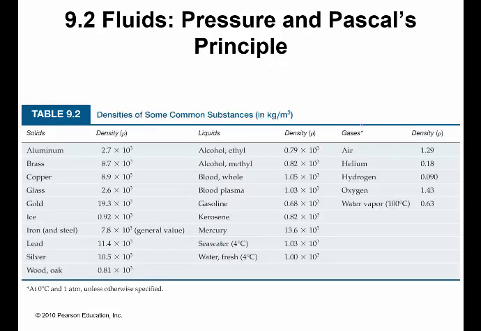And so, of course, we have another table, and this table is for fluids. Here we have all different kinds of densities. Oh, sorry, it says fluids, but it's not. It's common substances. It's got solids and liquids. So here are densities of solids, here are densities of liquids, and gases also have density. You notice that the density of ice, which is frozen water, is different than the density of water.